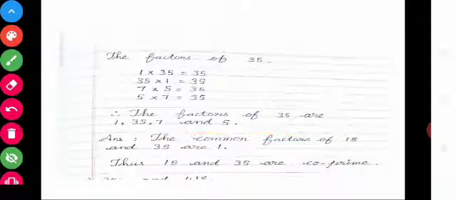And then find the factors of 35. 1 into 35 is equal to 35, 35 ones are 35, 7 fives are 35, 5 sevens are 35. The factors of 35 are 1, 35, 7 and 5. The common factor of 18 and 35 is 1. Thus 18 and 35 are co-prime.